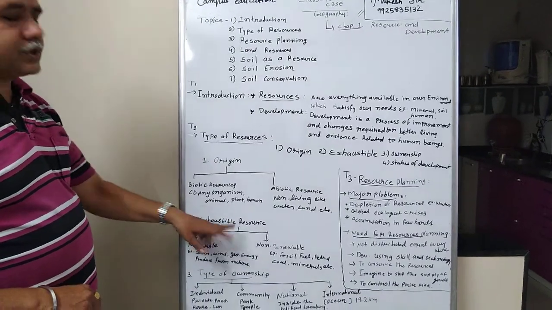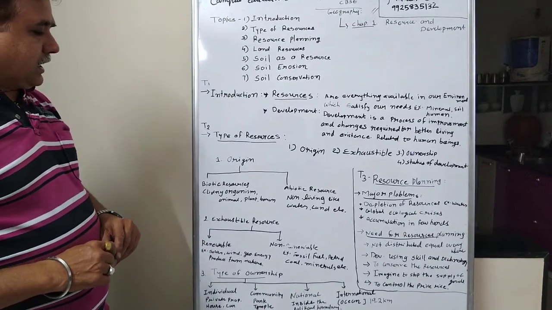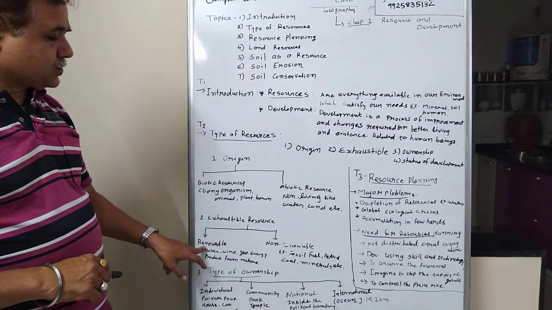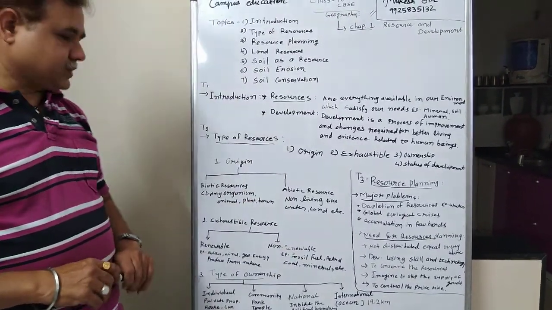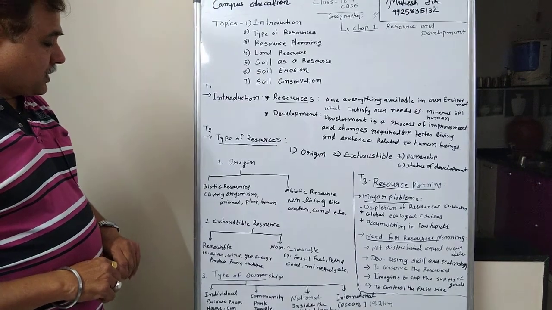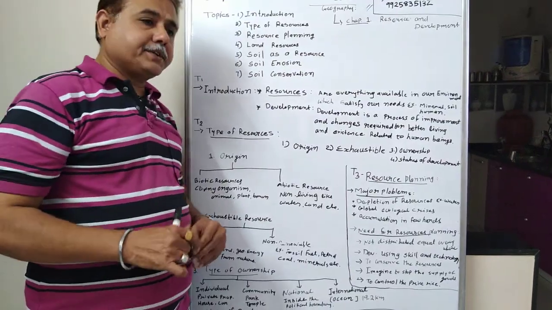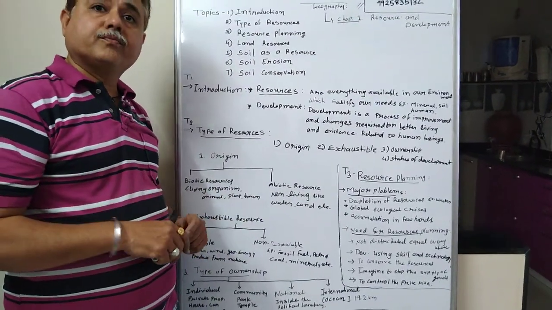Second, exhaustible resources. Now it is classified in 2 ways: renewable resources and non-renewable resources. Renewable resources means they are renewed again and again.